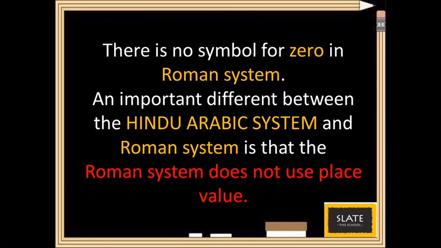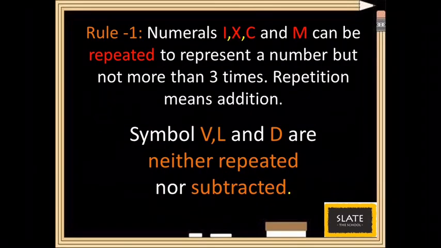There is no symbol for 0 in Roman system. An important difference between the Hindu-Arabic system and Roman system is that the Roman system does not use place value. We have to follow some rules while writing Roman numbers. Let's see what the rules are.